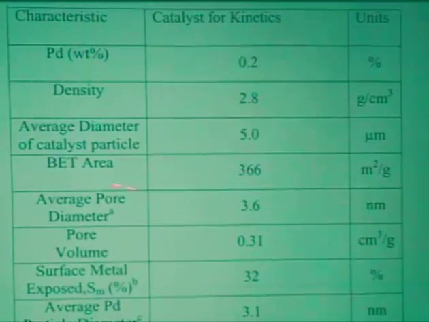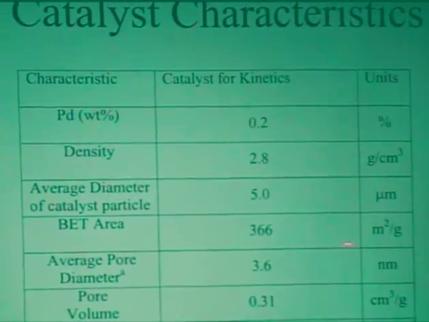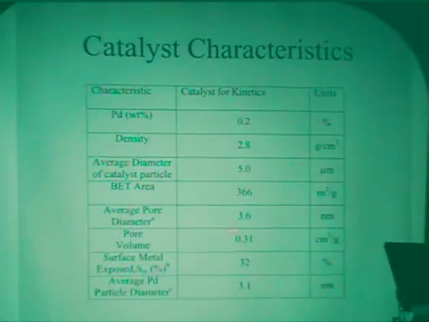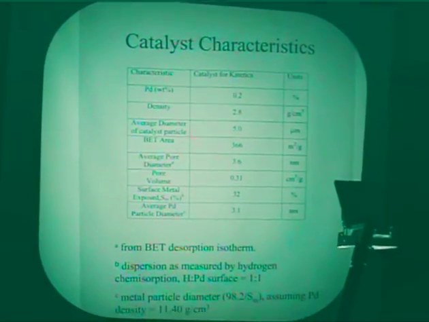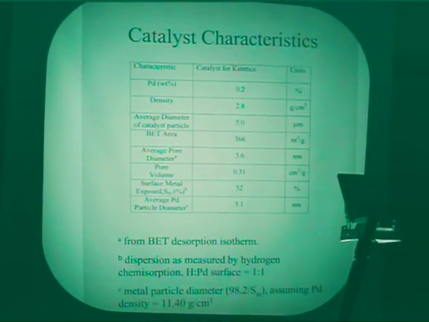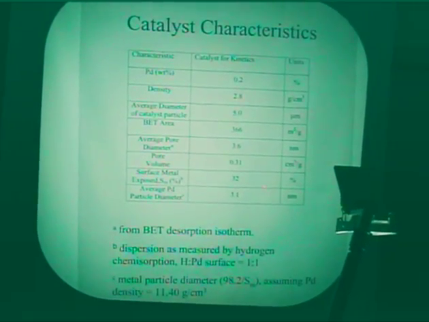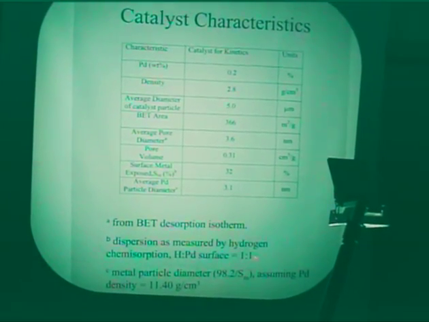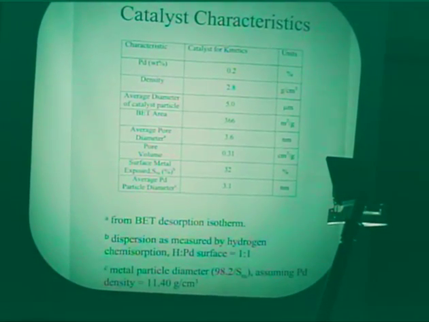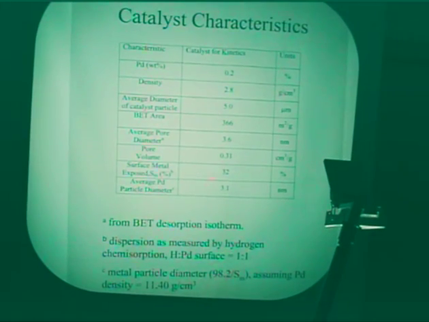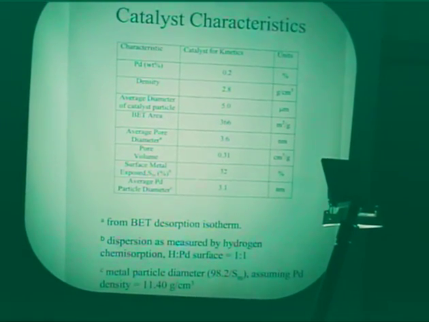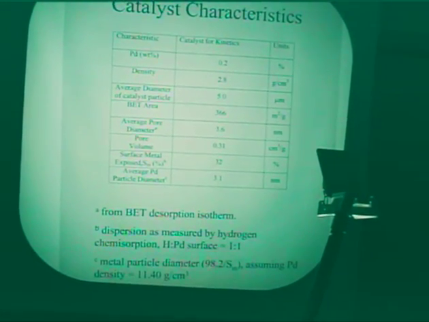The BET area is shown to be fairly high, 366 meters squared per gram, with a unimodal pore size distribution around 3.6 nanometers. We use the typical hydrogen chemisorption with a 1-to-1 relationship, and we find that the surface metal exposed is about 32%, with an average palladium particle diameter of about 3.1 nanometers.